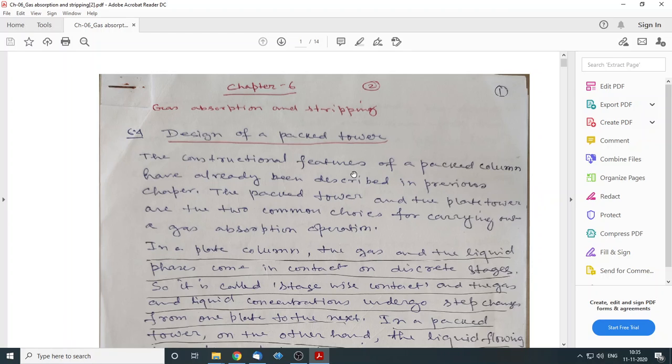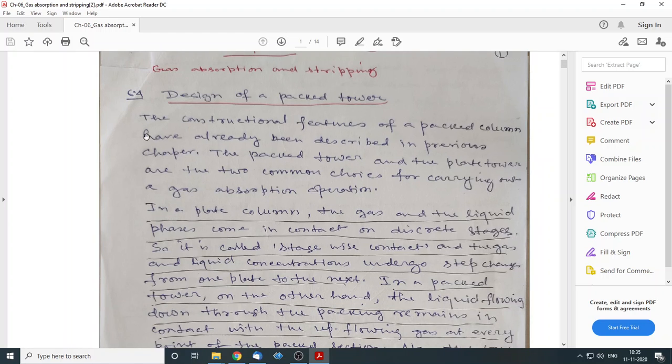So today we'll discuss more about the design of packed tower. Generally we will do two things: first the packed tower, then we'll discuss the plate column for absorption and stripping. The constructional features of packed column have already been described in the previous chapter, chapter 5, in detail.